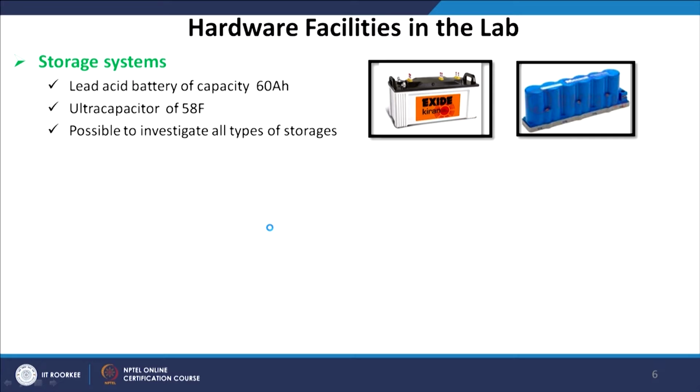I can say it is an interesting setup which very nicely handles 10 kilowatt capacity. Now, we also have storage sources: a lead acid battery of capacity 60 ampere hour, and an ultra capacitor of 58 farad, and we can investigate all types of storages.